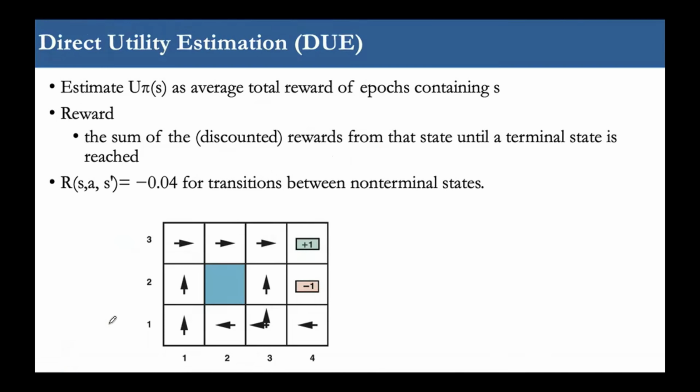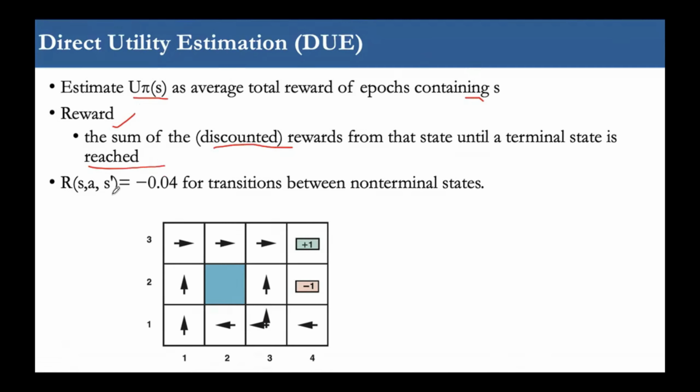So the first one is direct utility estimation. So here it estimates U pi of S as an average total reward of epochs containing S. It means that it calculates from S to end of the epoch. Then the reward. How the reward is calculated? The reward is calculated as the sum of the discounted rewards from the state until a terminal state is reached.